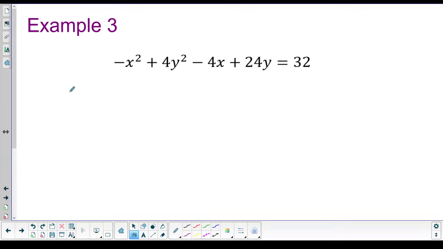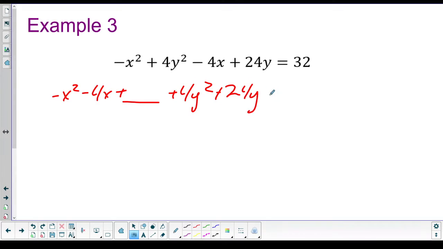Group our x's together: negative x squared minus 4x plus blank. Group our y's together: plus 4y squared plus 24y plus blank equals 32 plus blank plus blank. Now we need to factor out the coefficients from our variables.